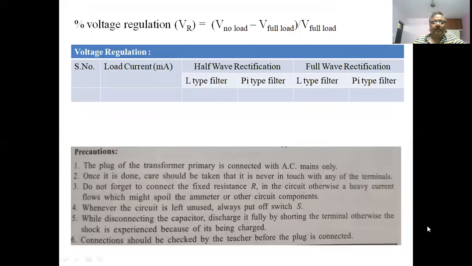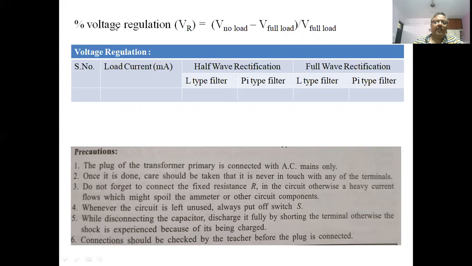And after that, we plot graphs for it, and we also calculate the percentage voltage regulation. For each load current, we have a different percentage voltage regulation. Voltage at no load is the voltage when the load current is zero, and full load is that at a particular load current.